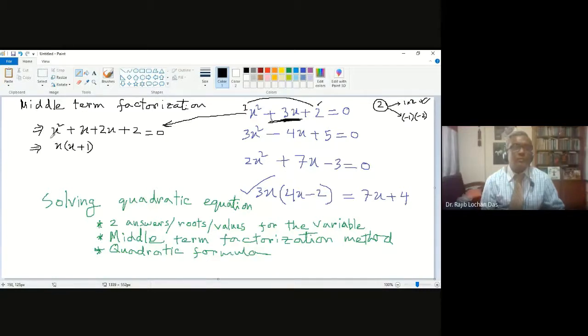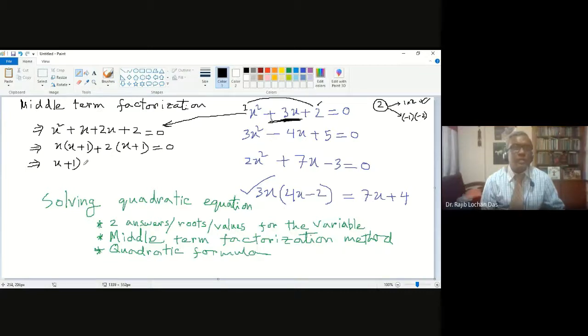Now you have four things, so you will take one from the first two, another from the second two. So the second two will be 2 common, so x plus 1, and then you go to the next line. So next line will be x plus 1 common.